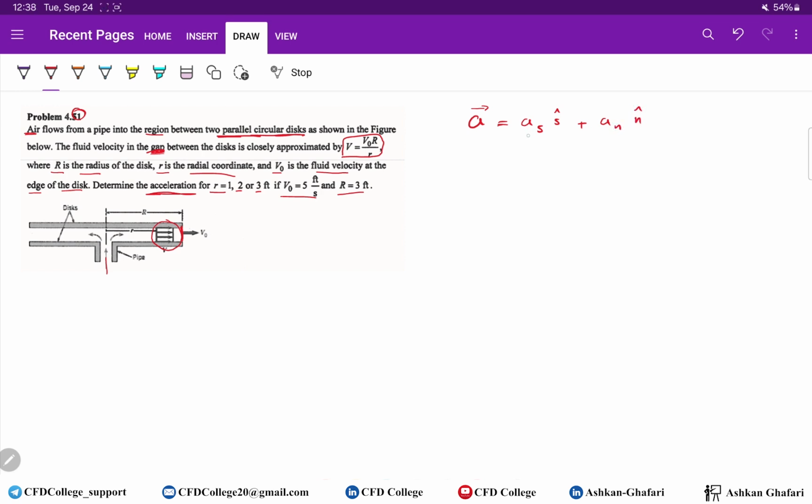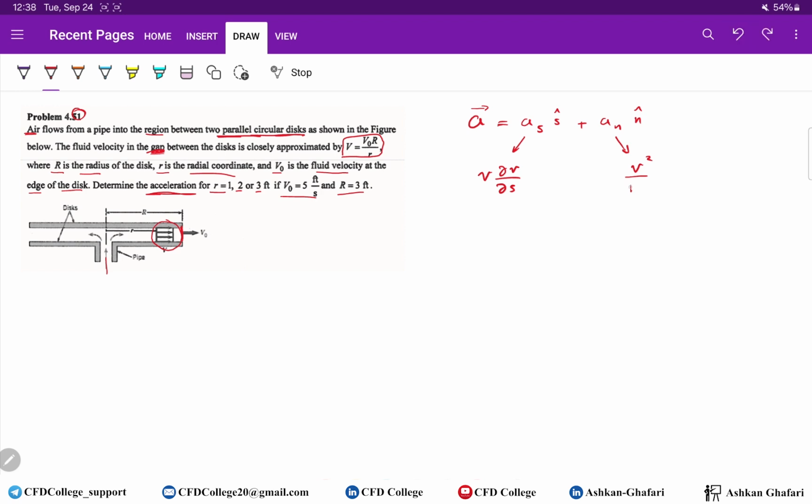So we have a streamline or streamwise acceleration, and normal acceleration. As you know, as equals v delta v over delta s. S is streamline direction, while normal acceleration an equals v square divided by r, or let's say the local radius.